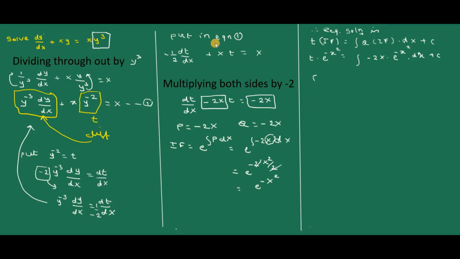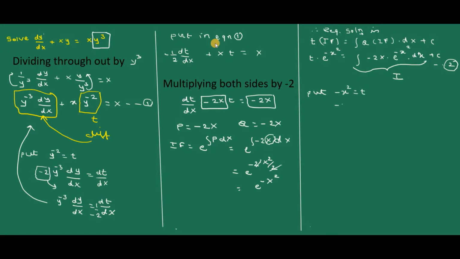Now we have to find this integration. To find it, I will take this term as I and call this equation number 2. So now put minus x square is equal to t.